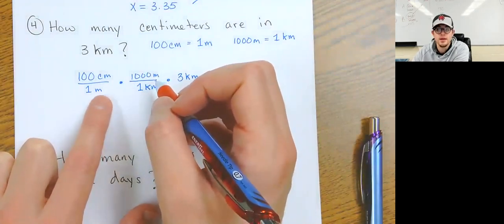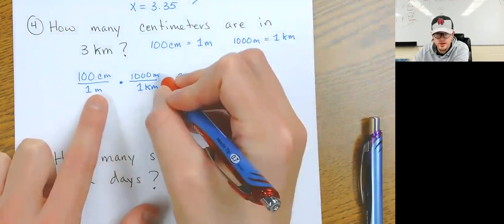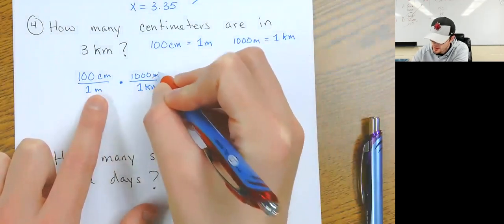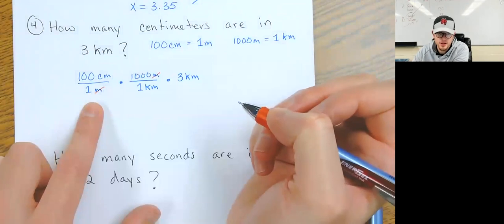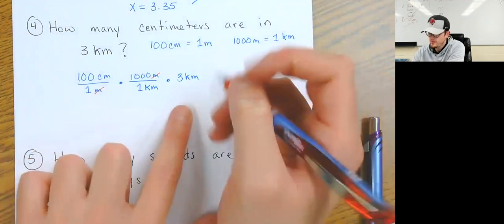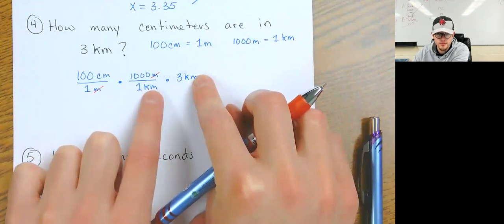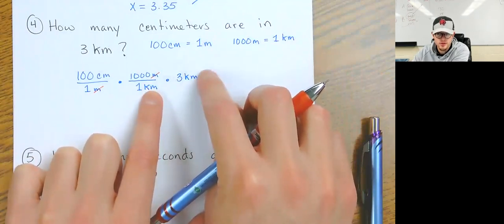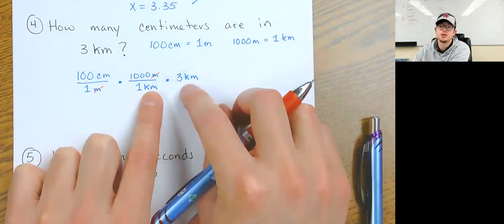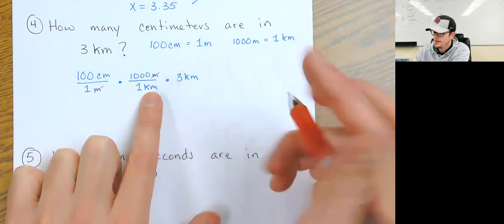We have meters on the bottom and meters on the top. So those cancel each other out. Again, here we have kilometers on the bottom and kilometers on top. See, if there's no fraction bar, then it's on top.